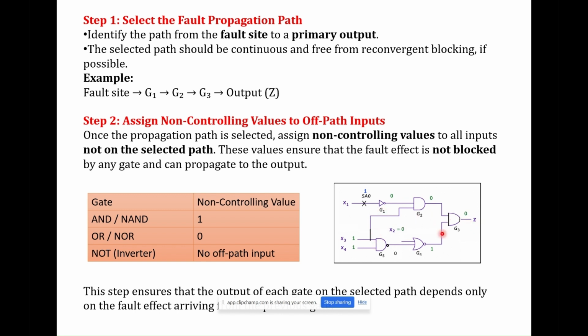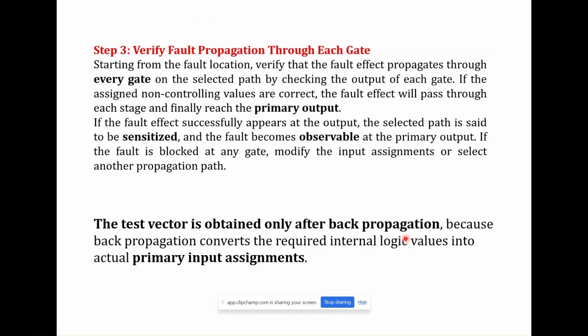So this is how we have to backtrace and set the values. So what will be the test vector for this case? X1 should be 1, X3 should be 1, X4 should be 1, X2 should be 0. This is the test vector obtained by the back propagation method. This is how we have to find the test vector using the path sensitization method.